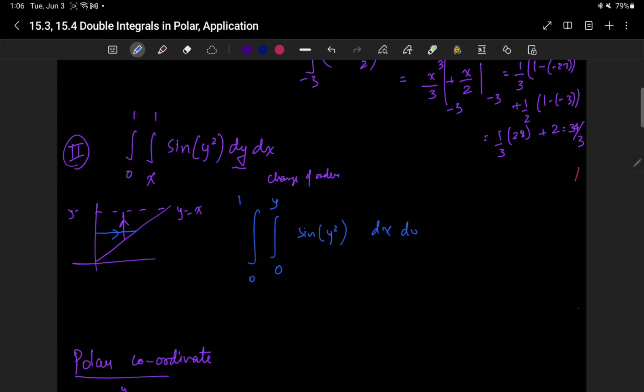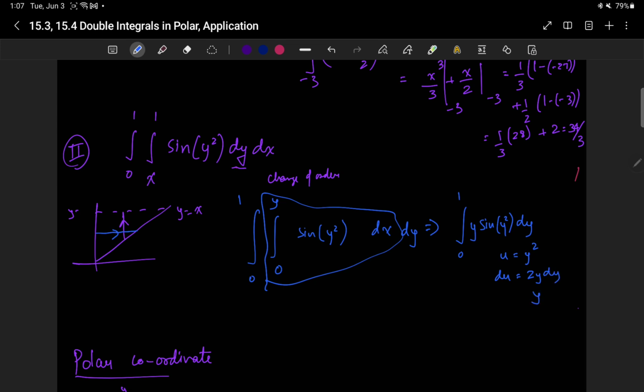And when we do this, now we are able to solve this because the first integration is now with respect to x, and that's going to give us a y sine y squared dy from 0 to 1, which is solvable because we can use a u substitution of u equals y squared to get du is 2y dy, or y dy is 1/2 du.